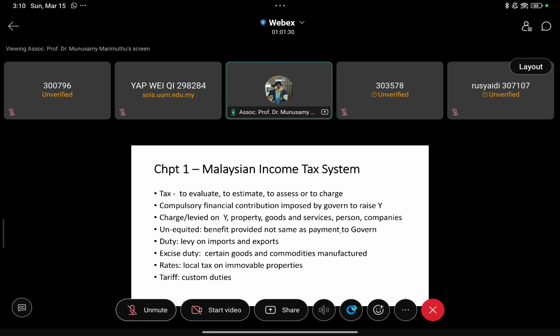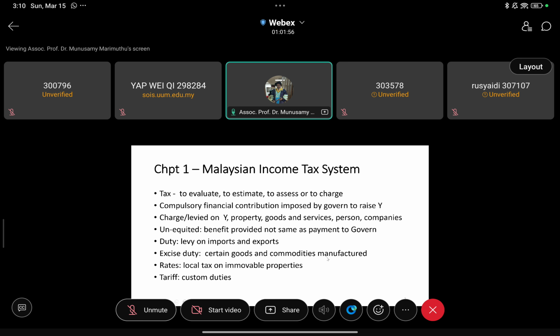Also, when you buy goods from overseas, there's a tax levy on the imports, or when you sell products, there are also some taxes on exports. Excise duty is handled by the Royal Malaysian Customs Department. When certain goods or commodities are manufactured in Malaysia, they are subject to tax.